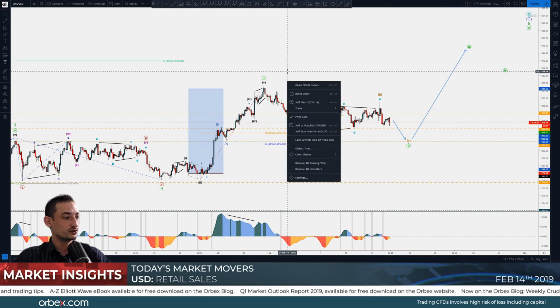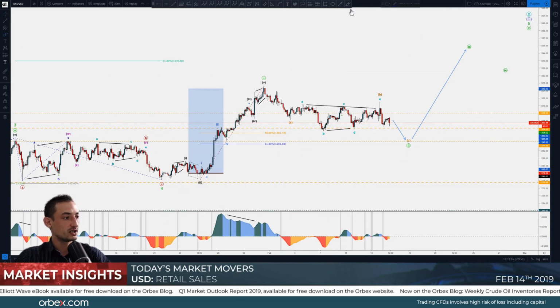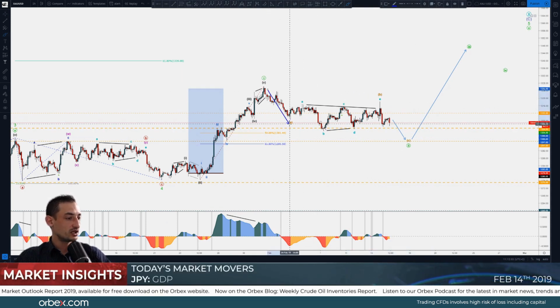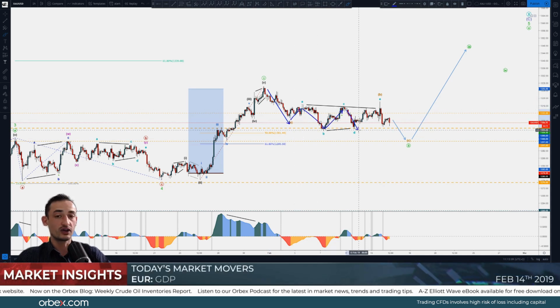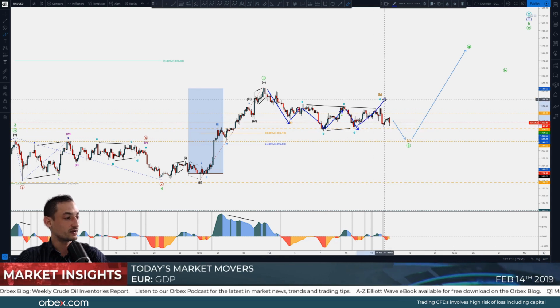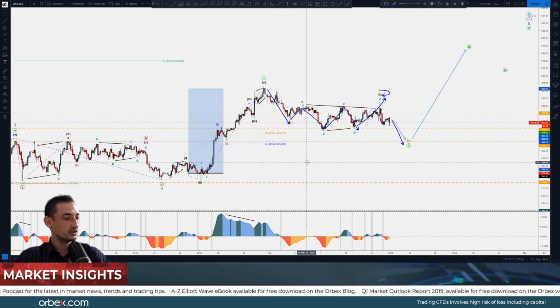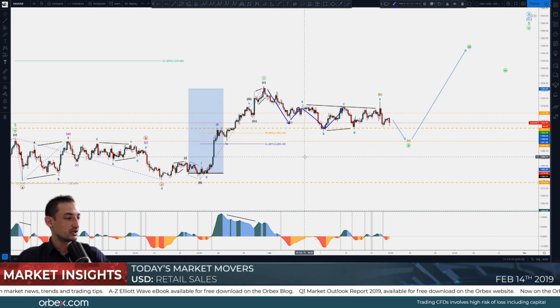Now moving on to gold on the 2-hour time frame, I do see the possibility of this being a corrective structure. So we have leg A1, let's say first leg A, and then a running contracting triangle right here in this B wave, followed by what appears to be a C leg, which would want to actually tag the 1296 area.